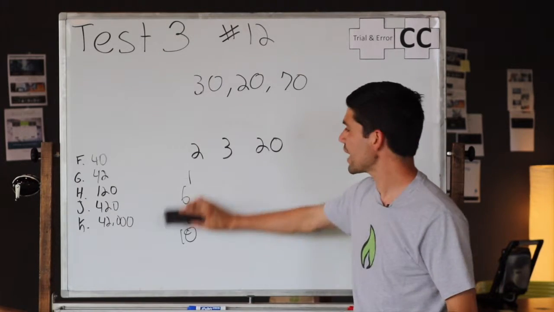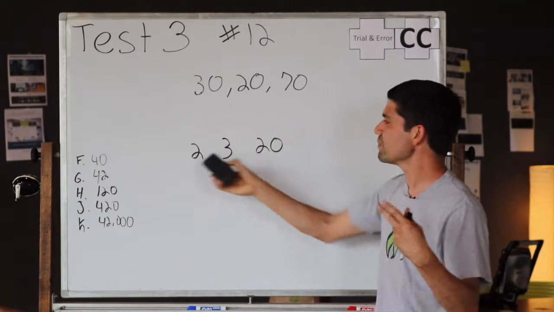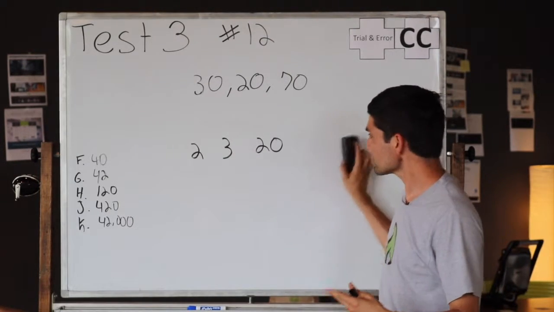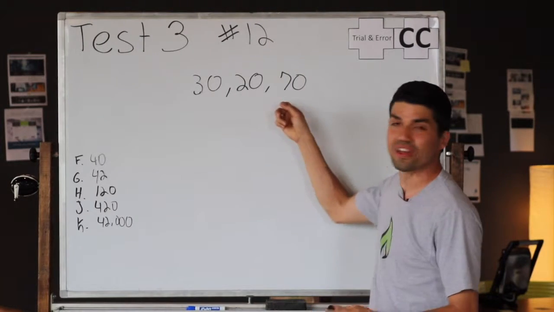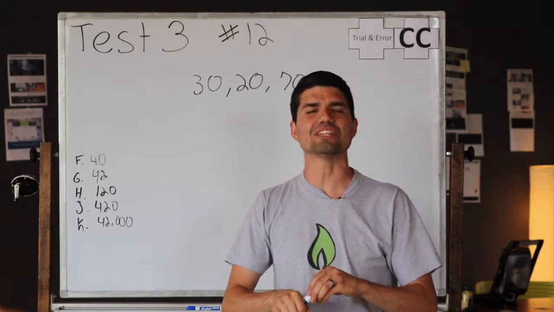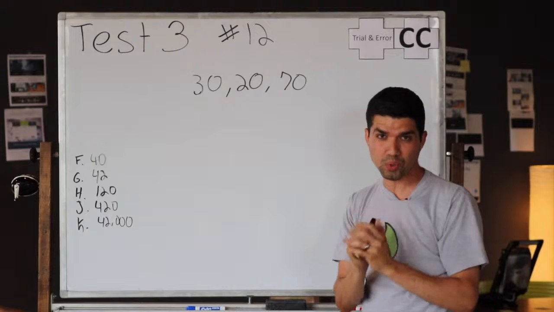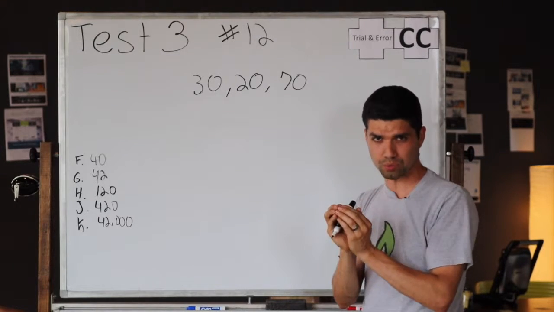So the way I would tackle this is starting with the biggest number, 20, 40, 60, and see if those fit in there. So we're going to do it with our actual three numbers, 30, 20, and 70, and see what's the least common multiple we can find, the smallest multiple.